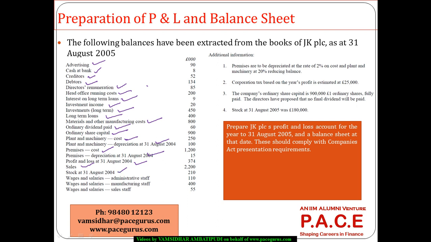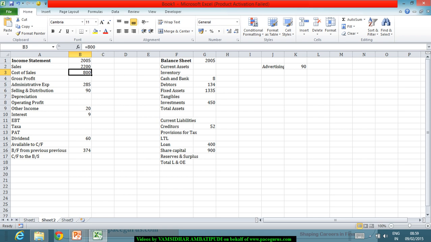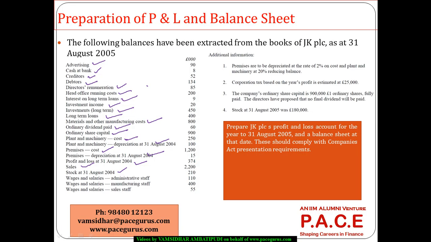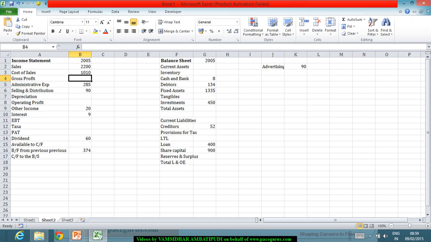Then the stock at 31st August 2004, which would be taken into this current year. The stock of 2004, I'll add it to my cost of sales. So I'll add 210, which is bringing out the stock as of 2004. Wages and salaries of the administrative staff 110.